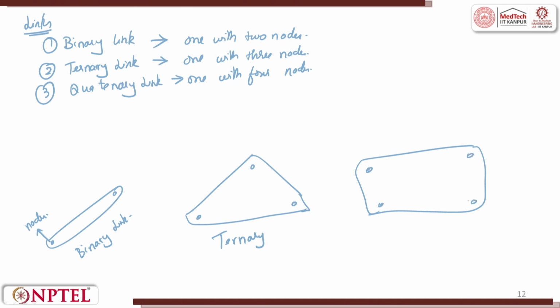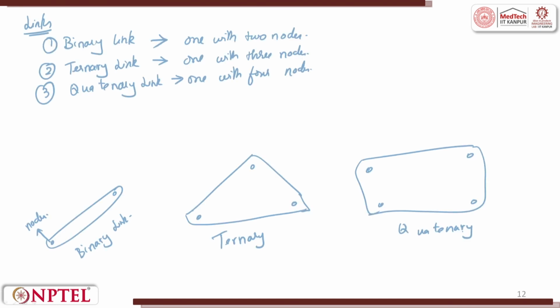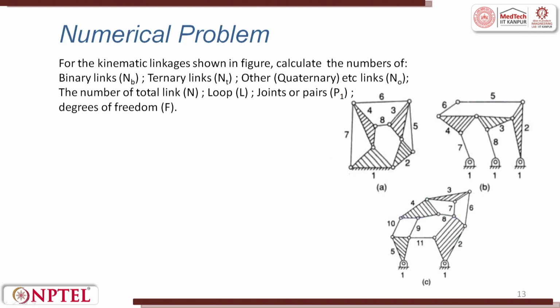Your links need not always be binary, they can be ternary, and they can also be quaternary. And why are these links talked about more? Because when we talk about degrees of freedom and motion getting transferred, we always look for the correct possible links. So, now let us try to solve a simple problem.